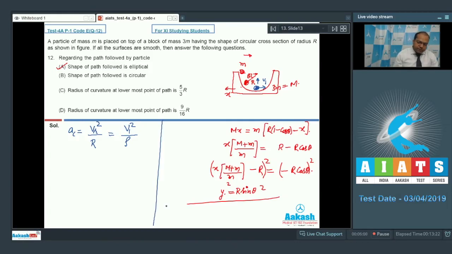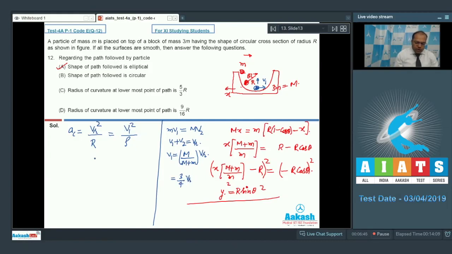So we can say that m v1 is equal to capital M v2, where capital M is 3m, and we also know that v1 plus v2 is equal to v relative. So if I solve this, the value of v1 in terms of v relative comes out to be capital M divided by capital M plus small m into v relative. So if I substitute capital M as 3m, then it comes out to be 3 by 4 of v relative.